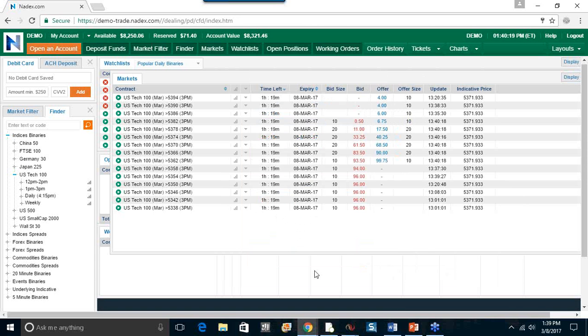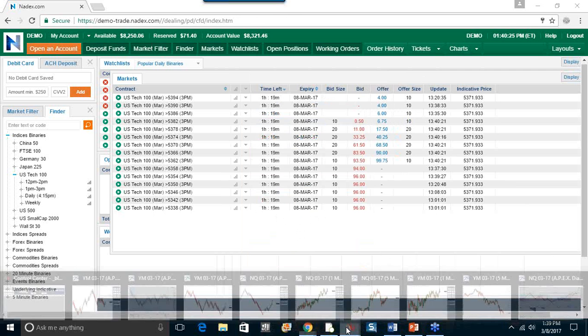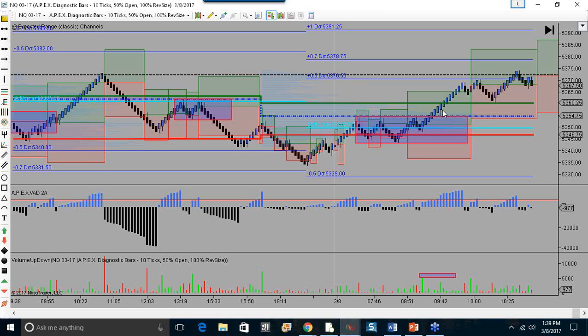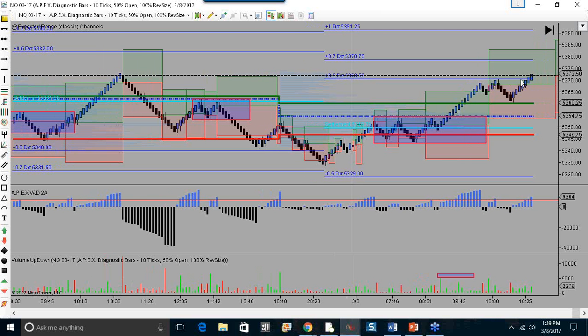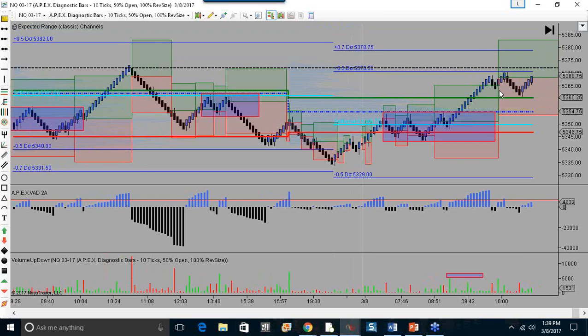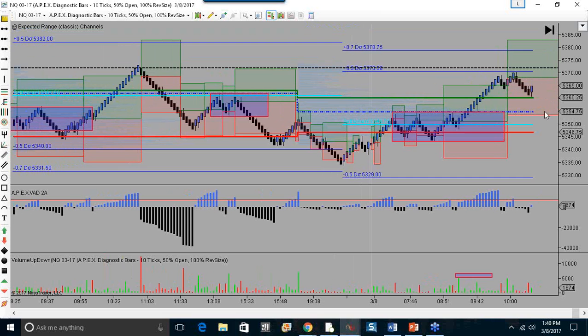Or I could say, well, the market's right here at 53.71 right now, but it's pushing with volume. I do expect it to mosey on up closer to a higher range. Again, since we're not looking at this live, some of these numbers aren't matching up properly.